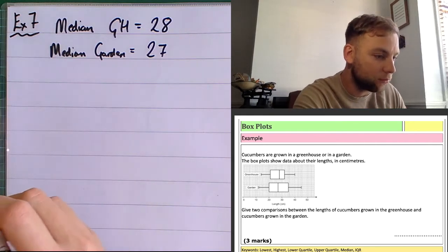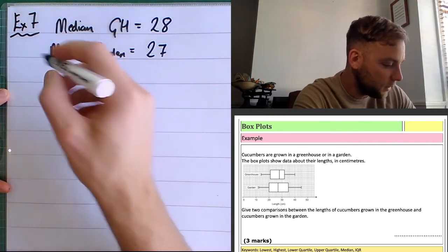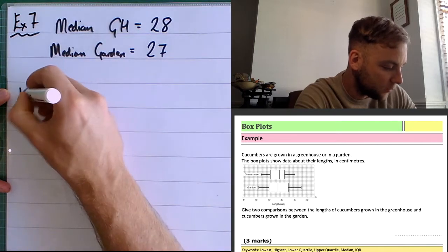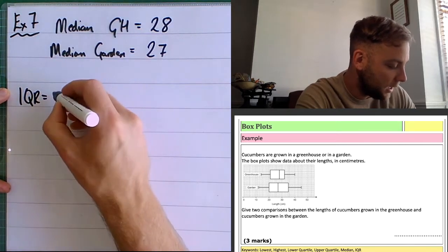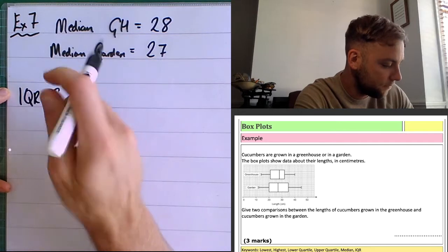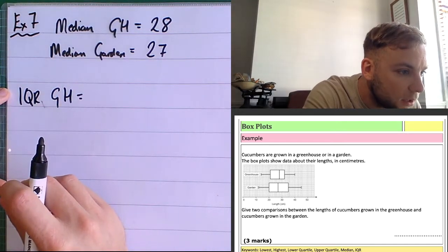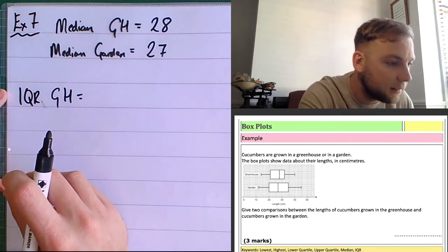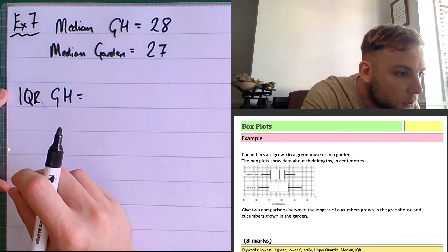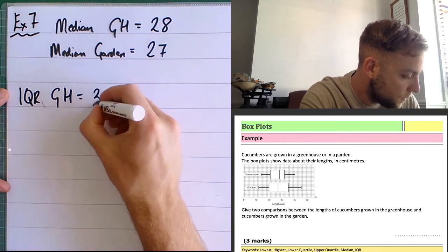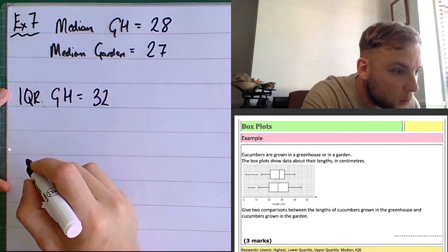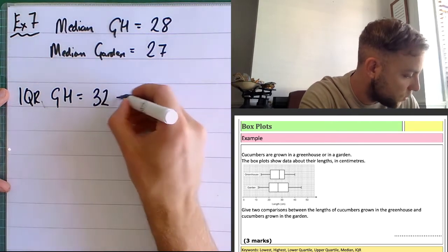So the interquartile range for the greenhouse is equal to, well, what's that upper quartile there? The upper quartile is 32, subtract the lower quartile, which in this case is 21.